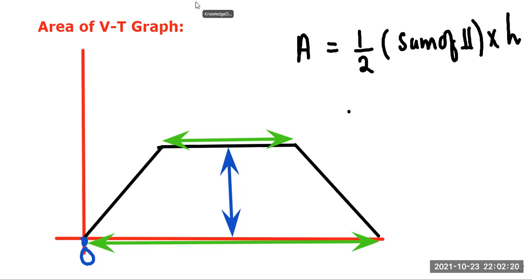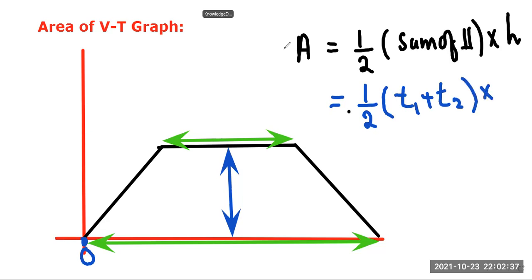So along the x-axis, the sum of parallel sides, and height is actually velocity. Along the y-axis we have velocity, and along the x-axis we have time.